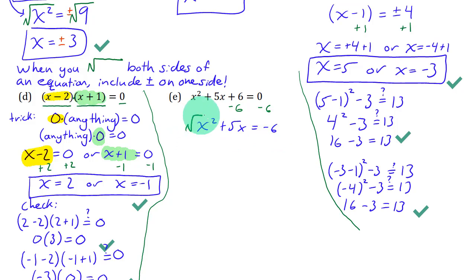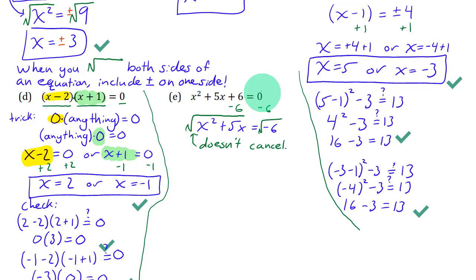And then take the square root of both sides here. This doesn't cancel. It does not cancel. Because, like, you got the 5x there. The square root doesn't distribute over these two terms. It just doesn't work. So that doesn't help.